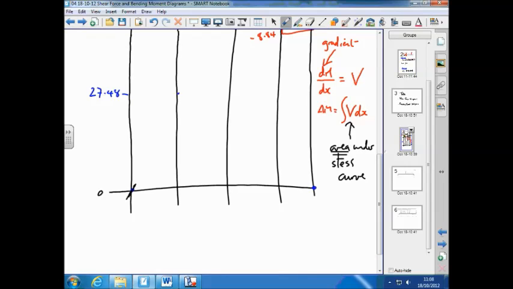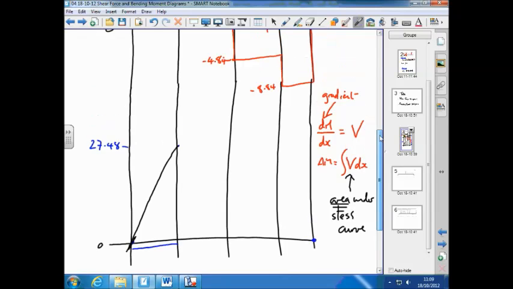Now if it's going up at the rate of 9.16 per meter, I'm going to end up at 3 lots of 9.16, which is 27. So the moment is starting at 0, and as I go along the beam in this direction, the moment is increasing until at this point it's 27.48.